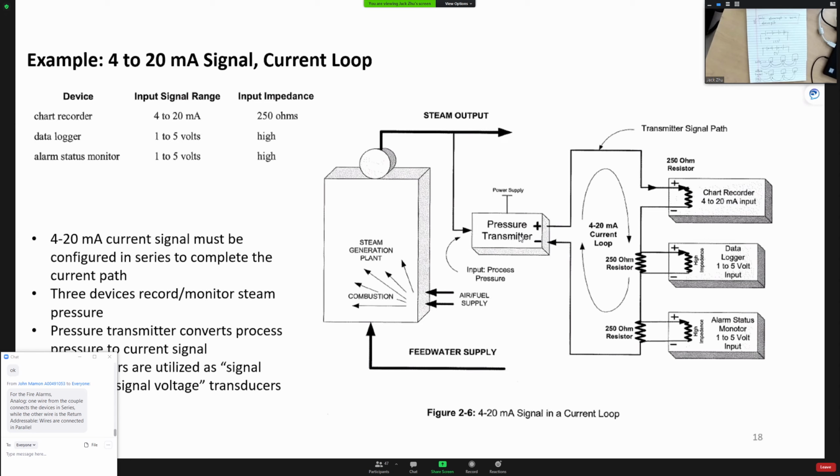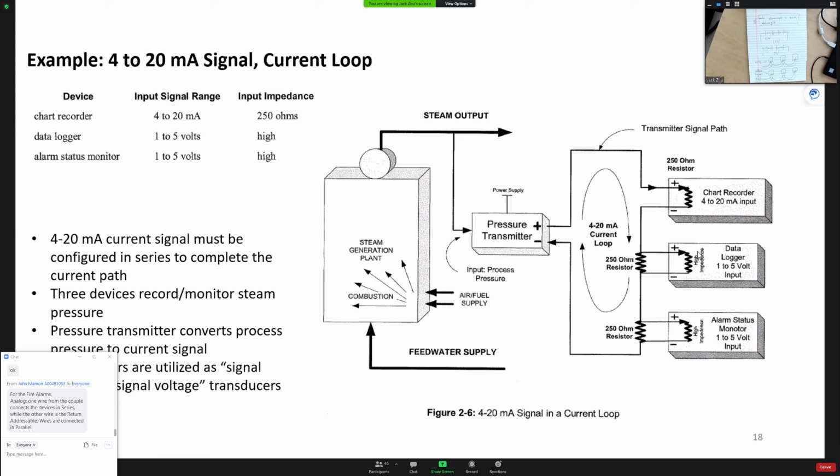This is for recording the real time pressure inside the system. So we want to keep a good recording. We want to know for 24 hours, 7 days a week, all the time, what the pressure is in here. Also, we have a data log down here, and we have an alarm monitor.